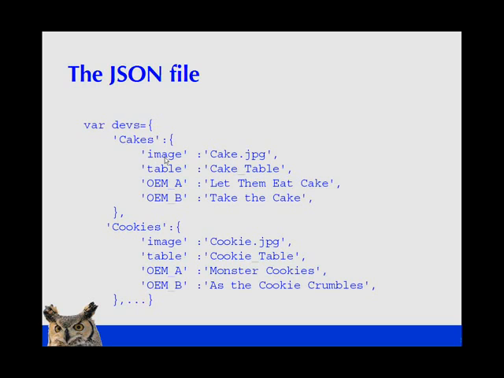So I can indicate the key for the primary set. I can just say either cakes or cookies, and then the next index would indicate an image. Here we have the actual file name of an image. We can have a table. In this case, it's the name of a table we're going to be displaying.